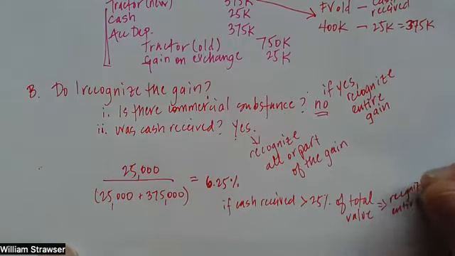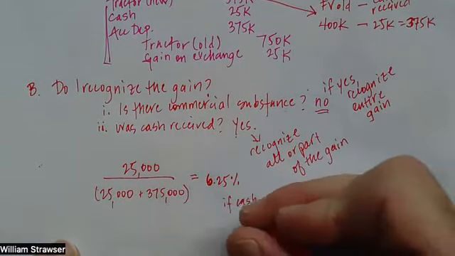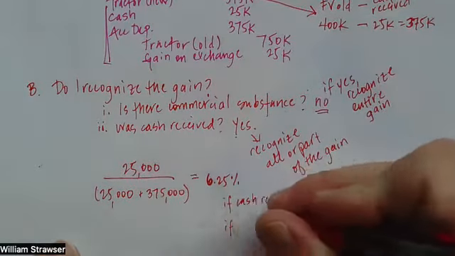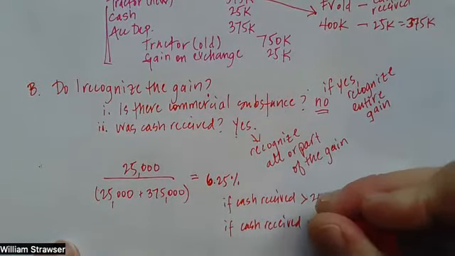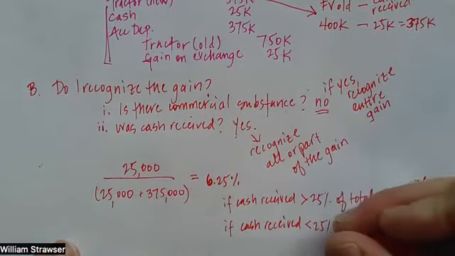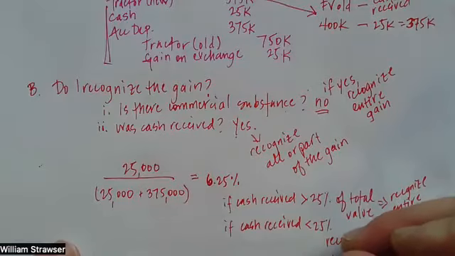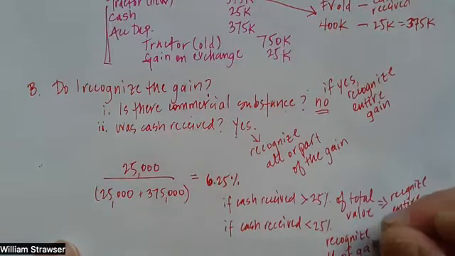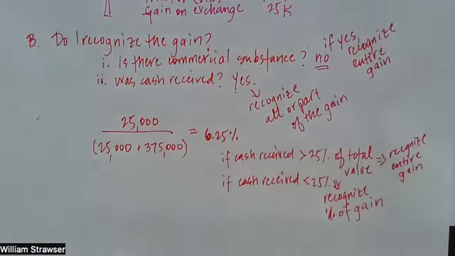If I don't get 25% in cash, then I only want to recognize that amount of the gain. So I only recognize a percent of the gain if it's less than a quarter of the total value of what I'm getting.